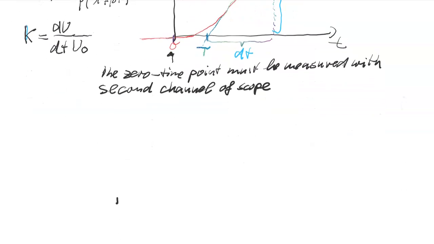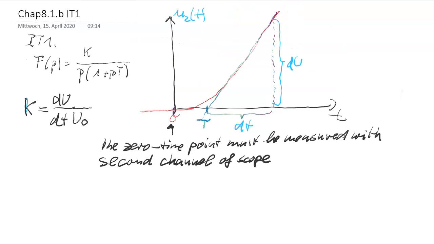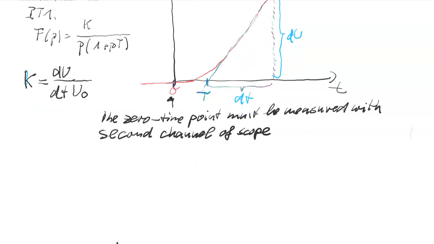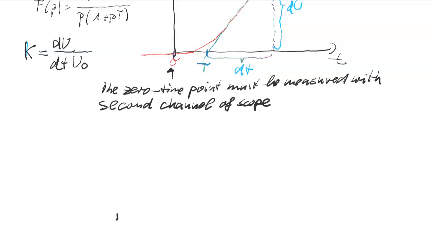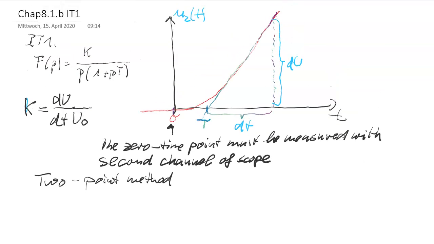I would like to prefer a method without drawing a tangent, because a computer that wants to identify the step response cannot draw tangents. So a computer works with points. Here a 2-point method is also possible, similar to my PT1 2-point method. It is very simple. Let's do this in green color.